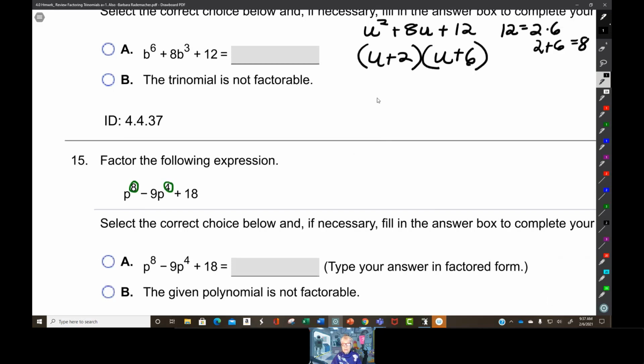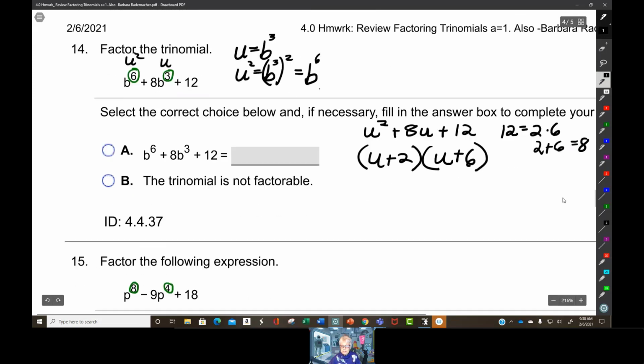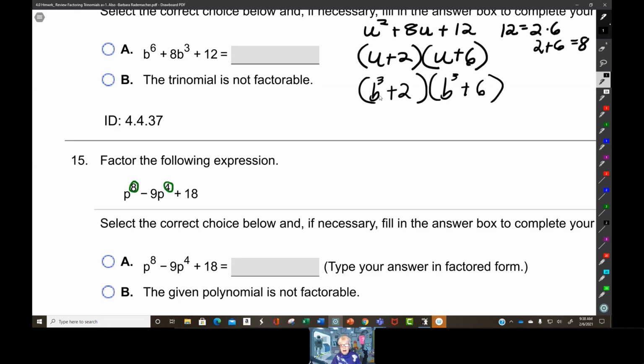And then I go back and remember what I let u equal. I let u equal b to the third. B to the third plus 2 times b to the third plus 6. Now, for those of you who may have studied factoring by the sum of two cubes, you can't do that here.